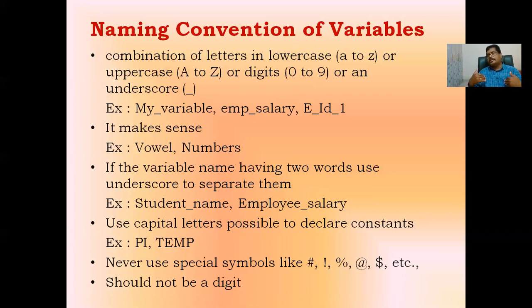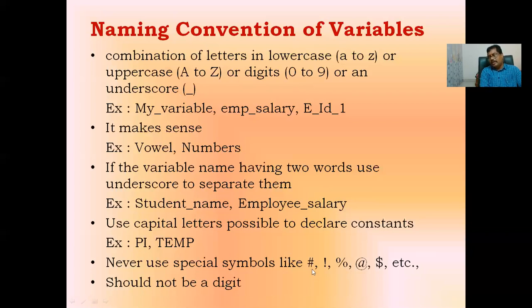For better understanding purposes, all the constants will be written with capital letters. Based on that, we are able to identify that it is a constant value. See here, for example, PI value, TEMP value, like this we are going to consider. It never accepts any special characters other than underscore.